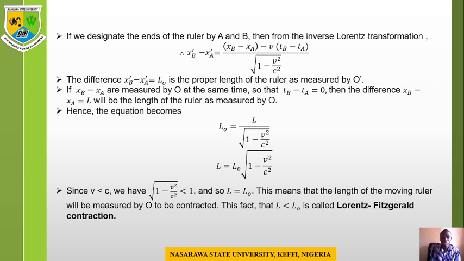This means that the length of the moving ruler will be measured by 0 to be contracted. This fact that L is less than L naught is called Lorentz Fitzgerald contraction.